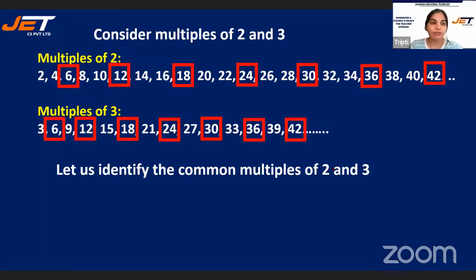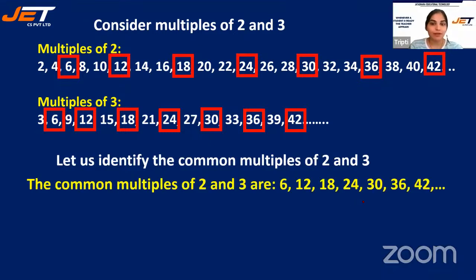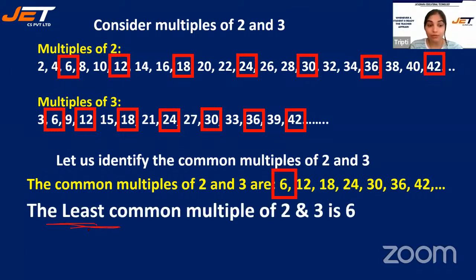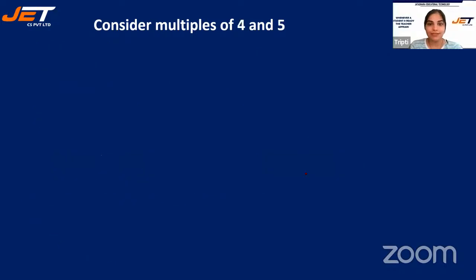And if I talk about the least common multiple, least is the smallest, common means the same. The smallest common multiple here is 6. The least common multiple is 6.